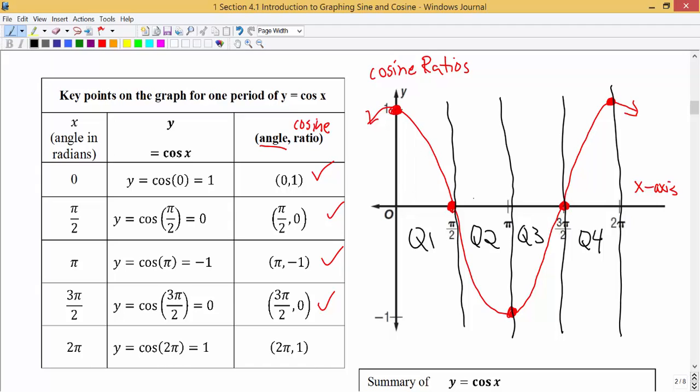And each one of those segments has an equal width of pi over 2 units, or think about them as 90 degrees for each one of those quadrants. But they're equally spaced apart, and that's going to be once again important when we start talking about those 5 key points later on, that they're equally spaced throughout cosine.